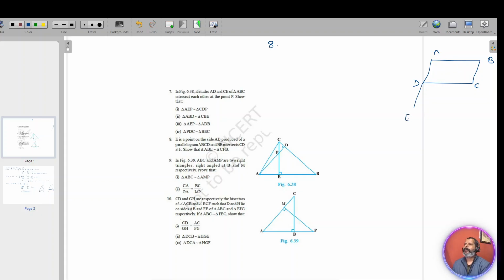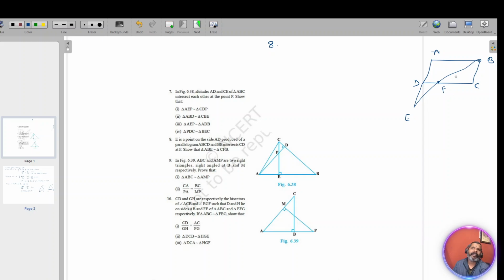Then BE intersects CD at F. BE intersects CD at F means you join B and E. It becomes F here, the intersecting point on CD. Now show that ABE and CFB, see AEB, the whole triangle, CFB are similar. Very simple. How?